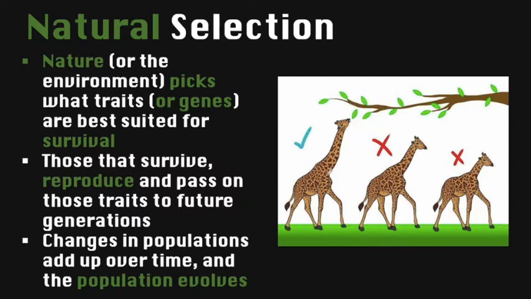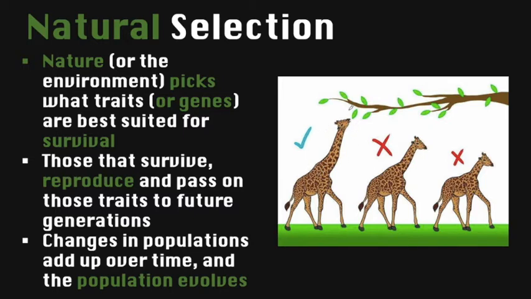And so if a giraffe happened to be born with a longer neck than everyone else, it would have a competitive advantage over the other giraffes, because it would be able to eat leaves that are higher up that its brothers and sisters and friends don't have access to. So if we had to pick which of these three is most likely to survive and pass on its genes to the next generation, we would have to pick this one.